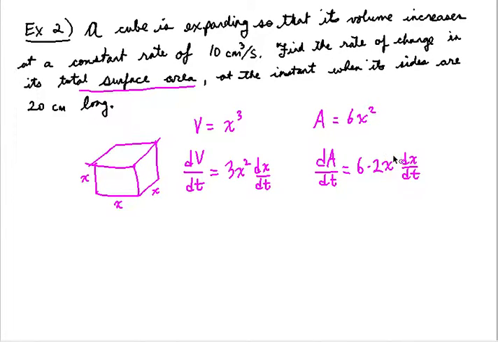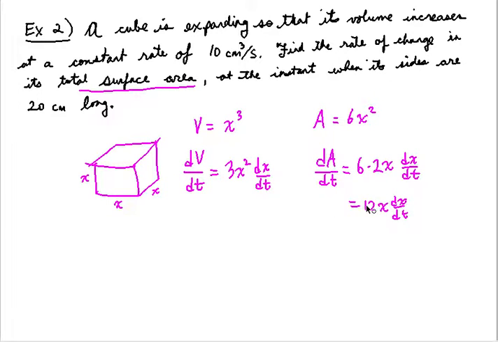Implicit differentiation, this is just the chain rule. It's the derivative with respect to x times the derivative of x with respect to t. So this becomes really just 12x dx/dt.